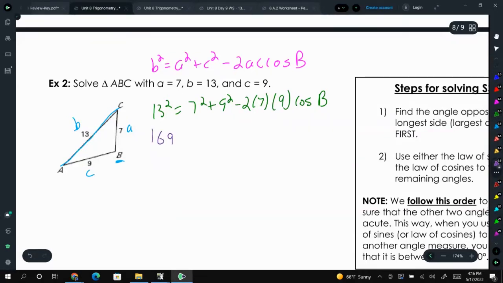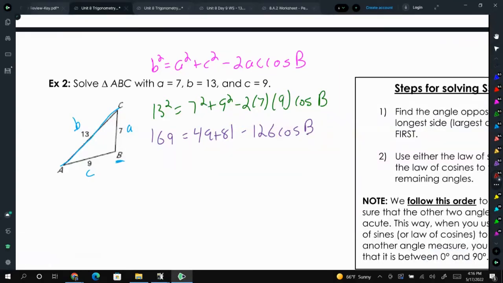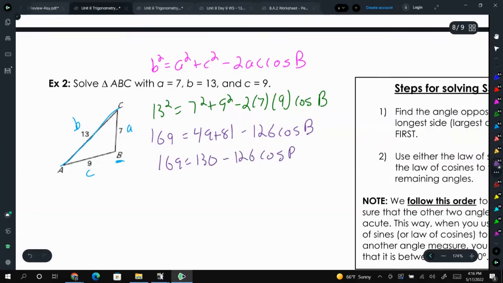Well, 13 squared is 169. 49 plus 81 minus 2 times 7 times 9. We can put that part in the calculator. And that's going to give us 126 times the cosine of b. So 49 plus 81 is 130. So 169 equals 130 minus 126 times the cosine of b.